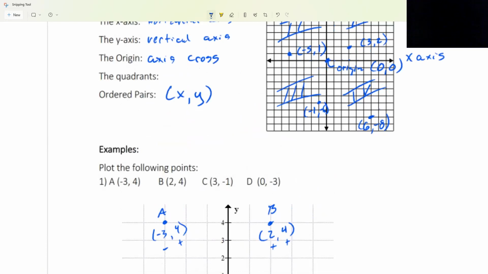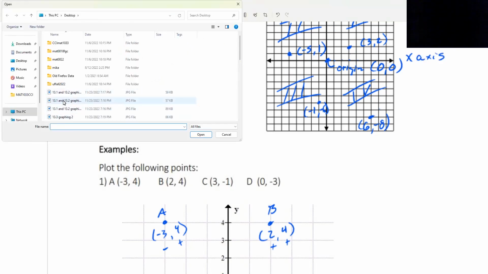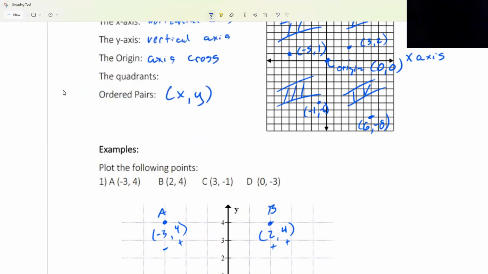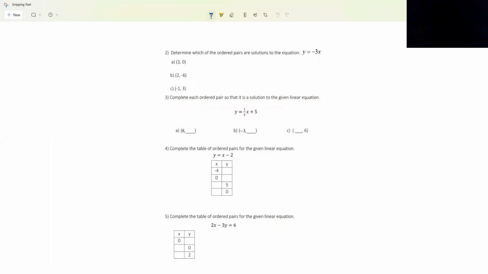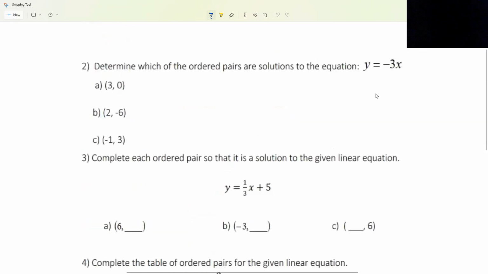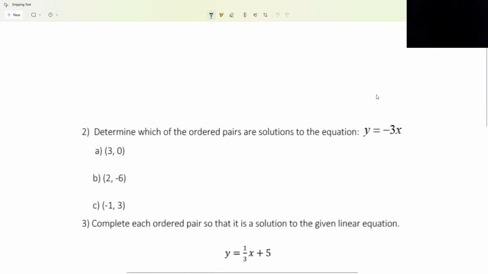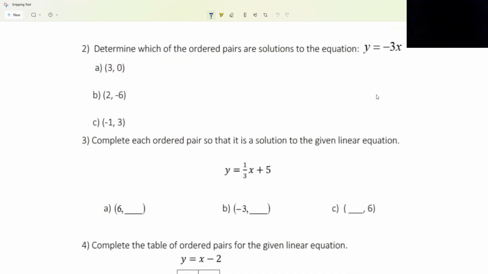Let's open the next. Okay. So the deal with this one is that they're giving you an equation.